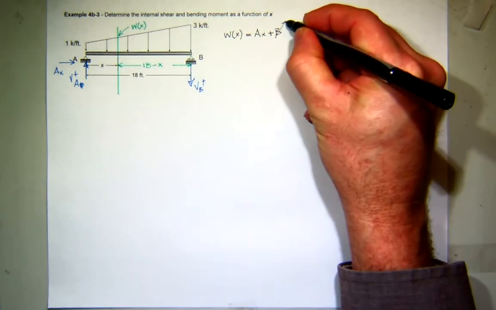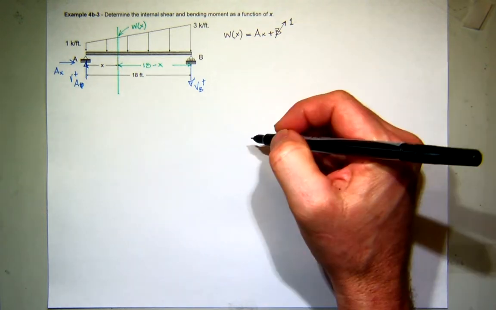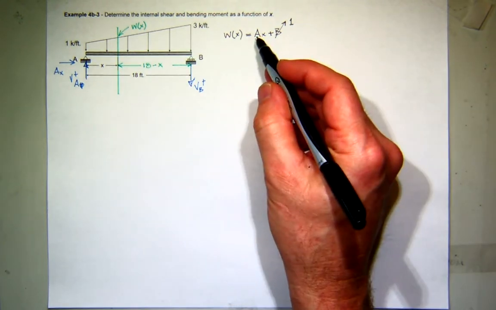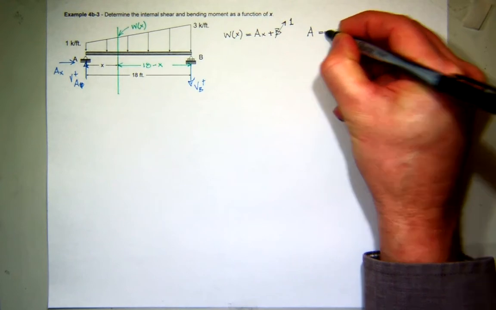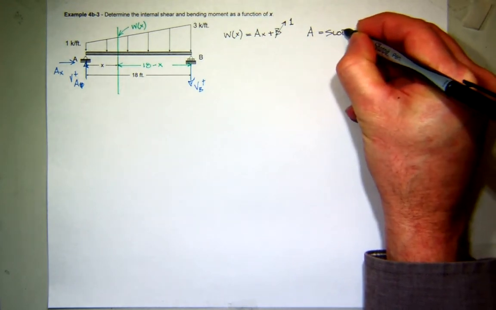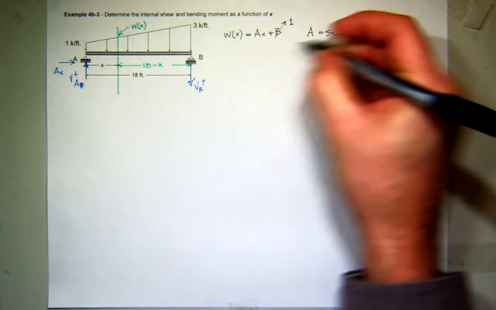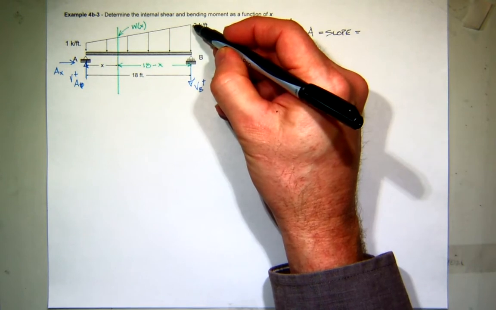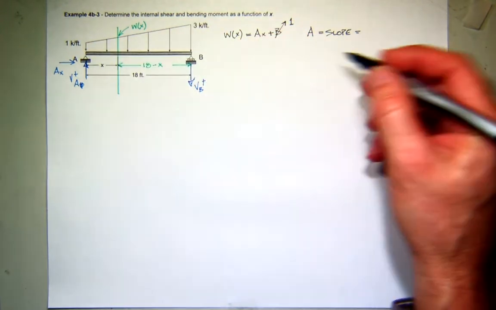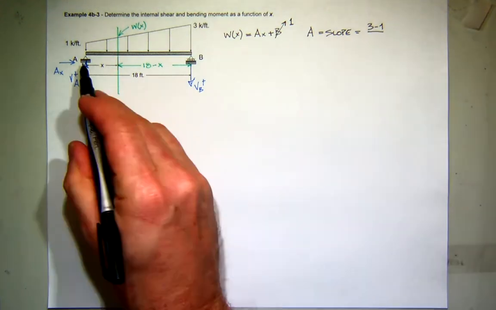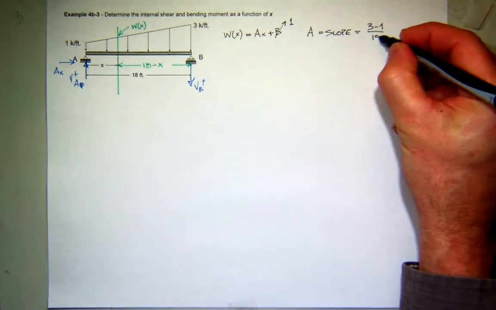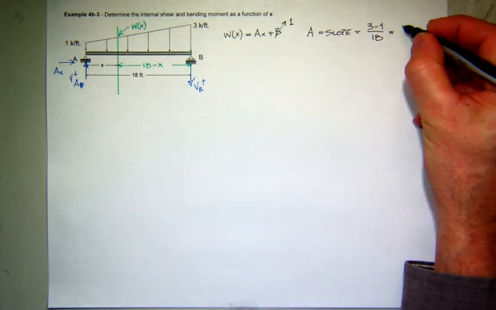So I know that B will be 1. A is then the slope of the line. What's the slope of this line? Rise over run, right? What is the rise? It's a change from 1 to 3, right? So that would be 3 minus 1. That's the change in vertical direction over a run of 18. So that's 2 over 18 or 1 over 9.